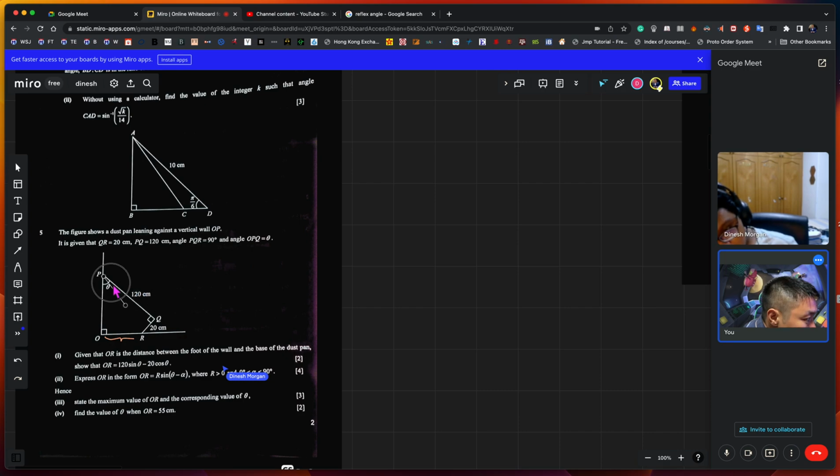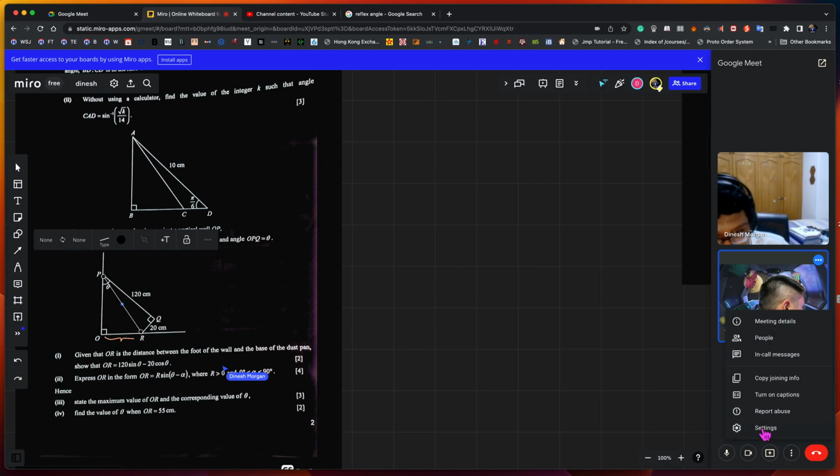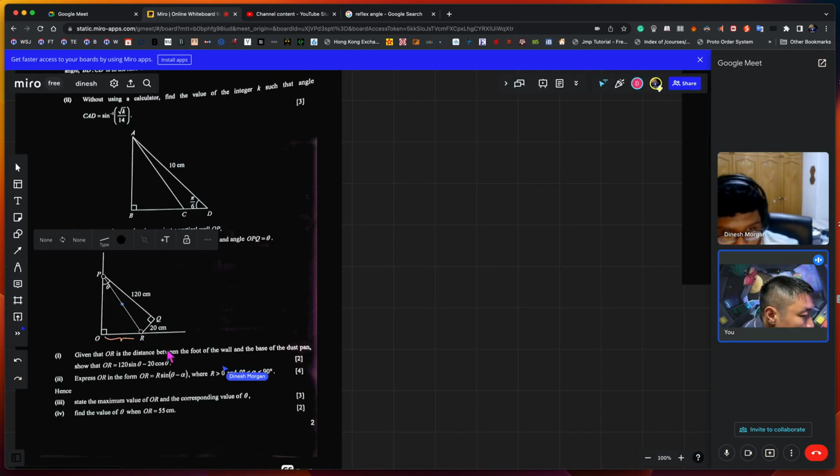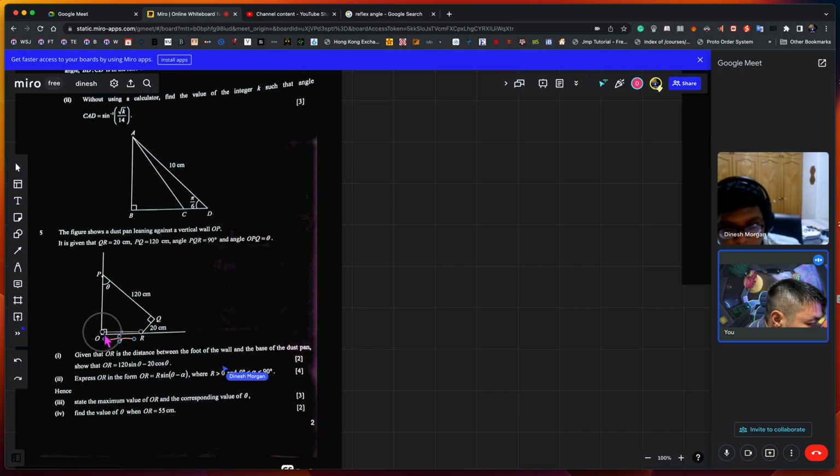You suggest drawing a line from here to here, right? So in this case you are breaking the theta. I don't think you should break the theta.